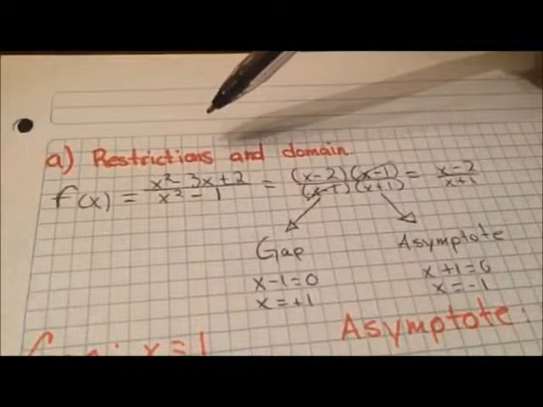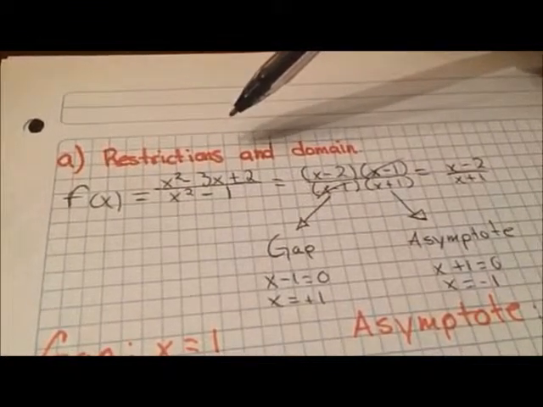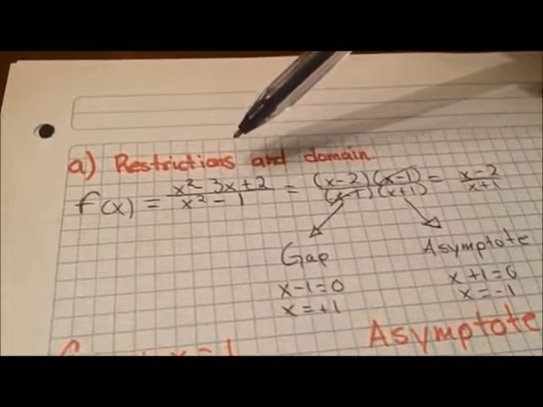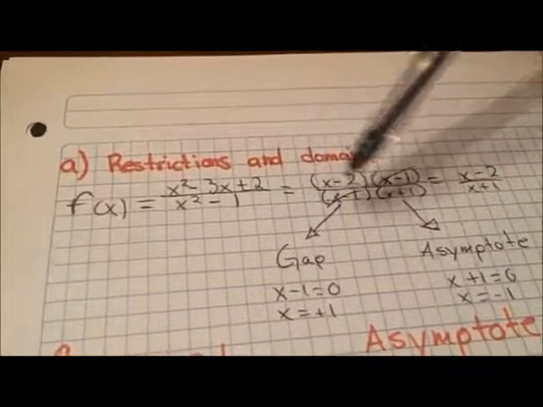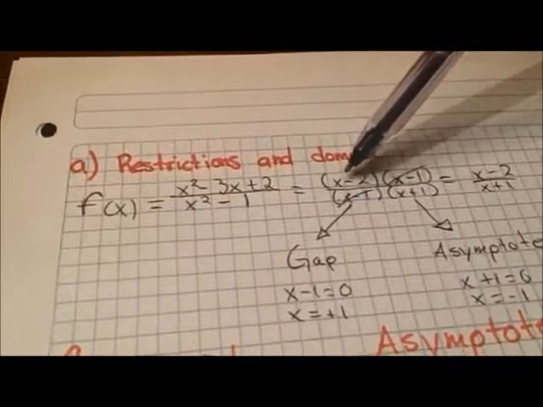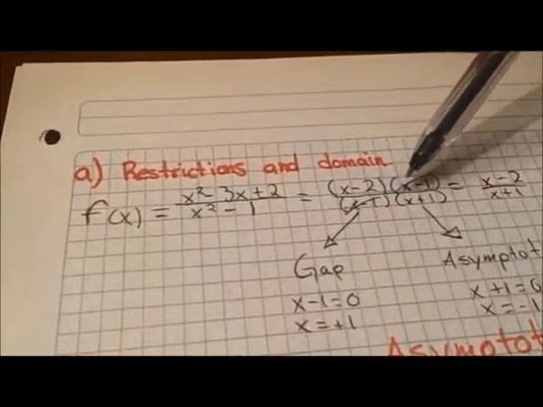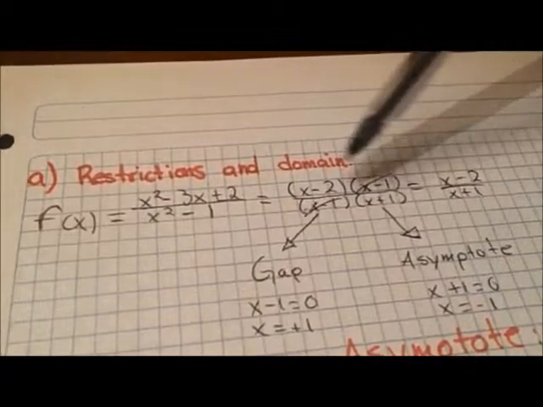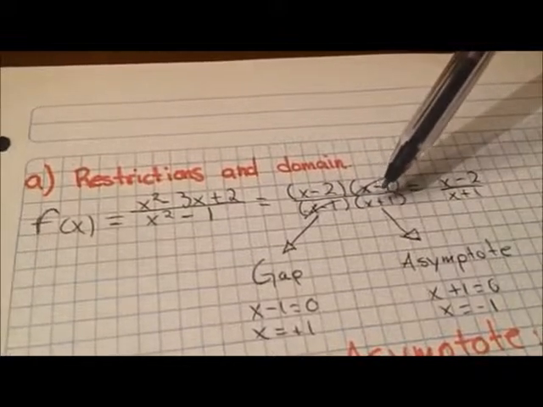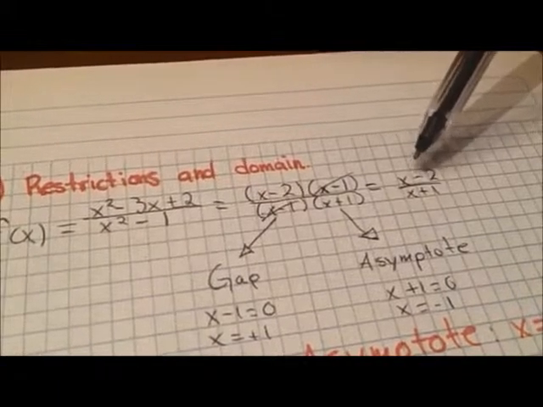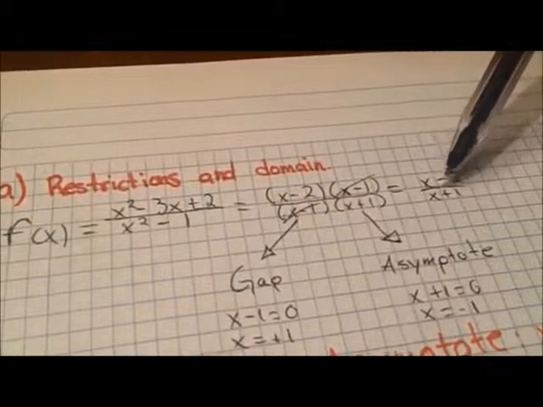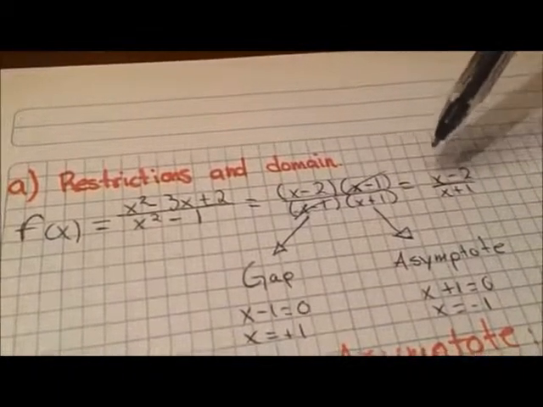Restrictions and domain. To obtain the restrictions, first we have to simplify the function in both sides, and we obtain (x minus 2)(x minus 1) over (x minus 1)(x plus 1), and then we obtain x minus 2 over x plus 1.